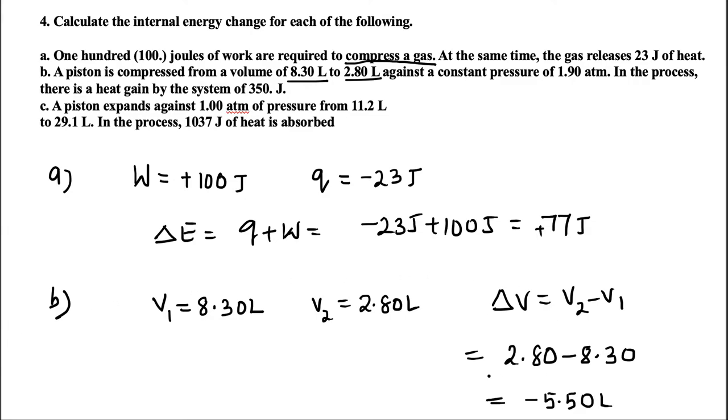So this is the volume change that happened, and it is done at a constant external pressure of 1.90 atmospheres. So what is the work done? And we know the work done formula is negative P external times delta V. So that's equal to negative, what is the P external? 1.9 atmospheres times, what is the volume change?